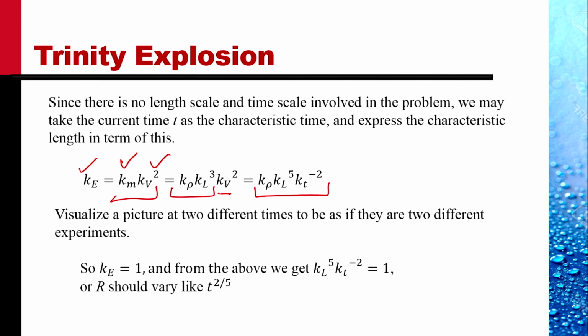Visualize a picture at two different times to be as if there are two different experiments, in a fashion similar to what we discussed in the last example. And since it is the same explosion, KE is 1, and from this we get KL^5 into KT^-2 is equal to 1. That is, R should vary like t raised to power 2/5.